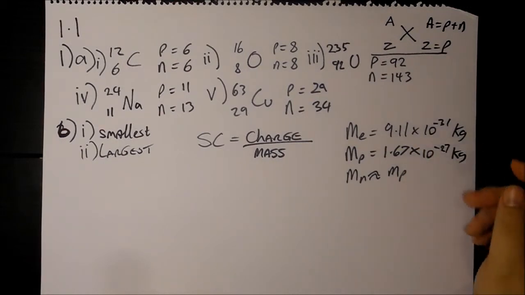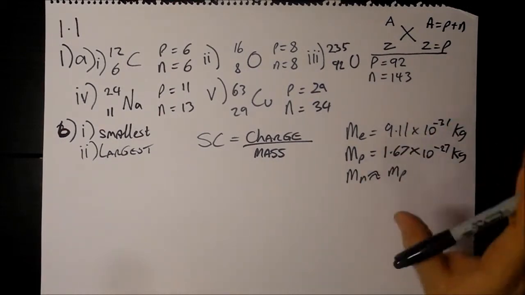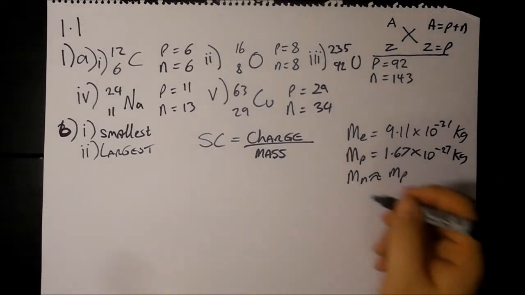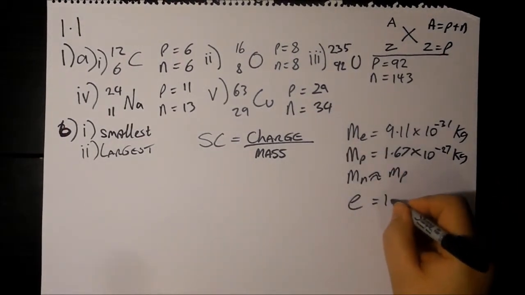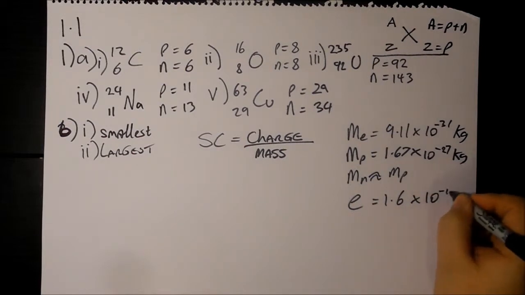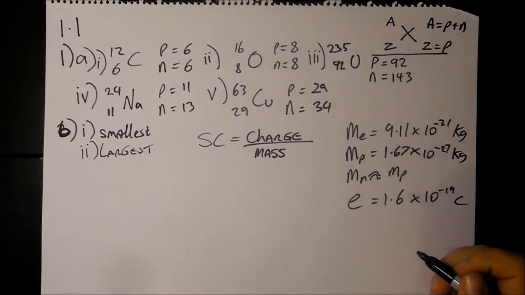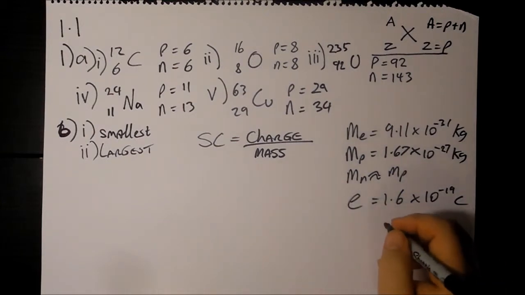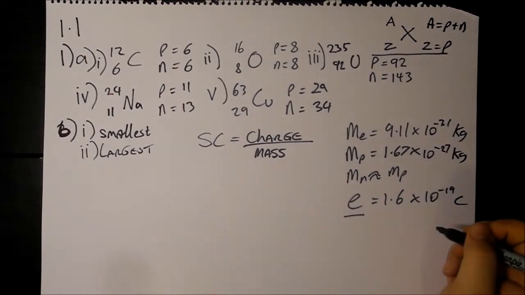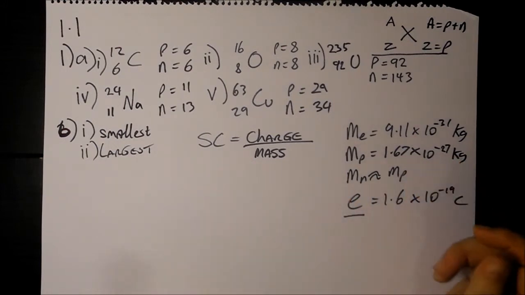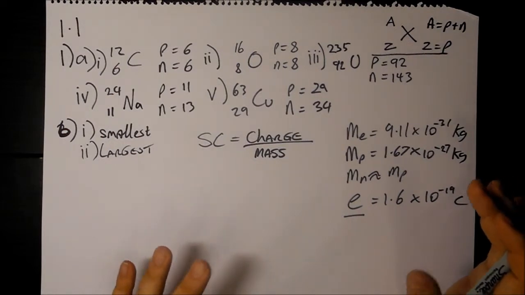There is a slight difference, but in the numbers that we're talking about here it will make absolutely no difference, so we can just consider them equal. Charge wise, the charge on the electron is 1.6 times 10 to the minus 19 coulombs, and the charge on the proton is also the same value, although it's different in polarity. There is no charge on the neutron, so that's quite easy.